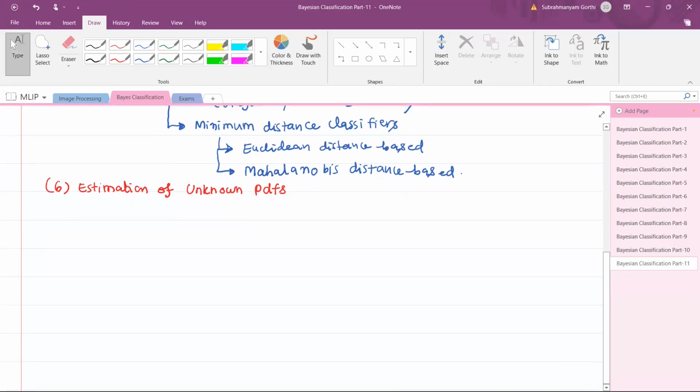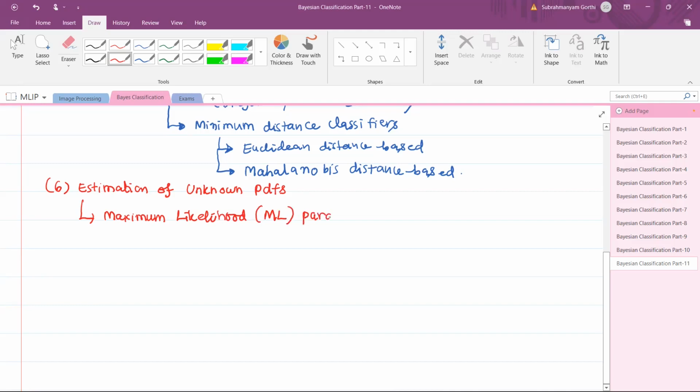Those will be maximum likelihood parameter estimation, referred to as ML.